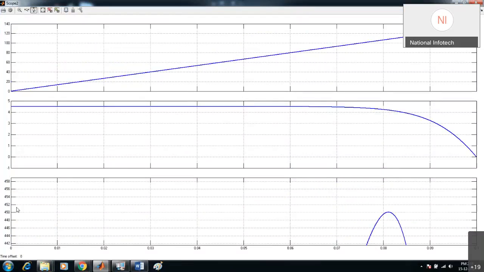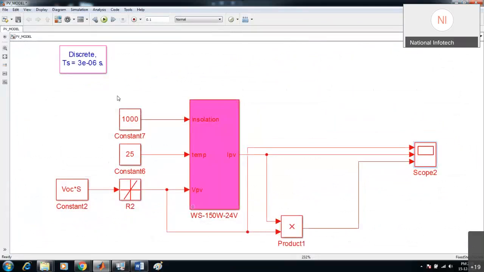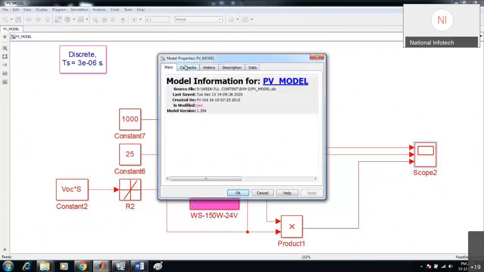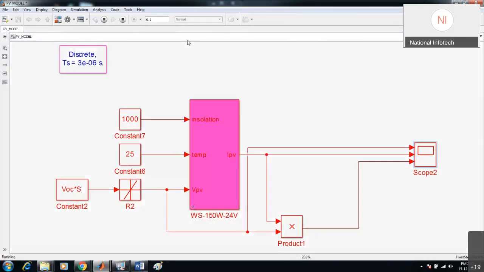It is coming 450 watt. Here you can see this is 450, the maximum power. We can also change it to simulate one panel. How we can do that is, we will simply write here 1 instead of 3, and we will simulate it.